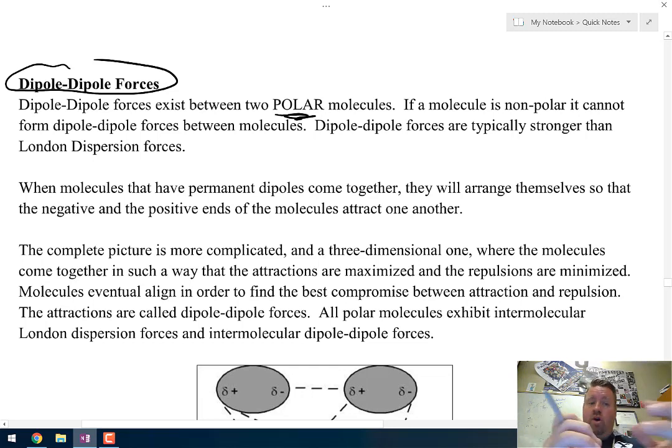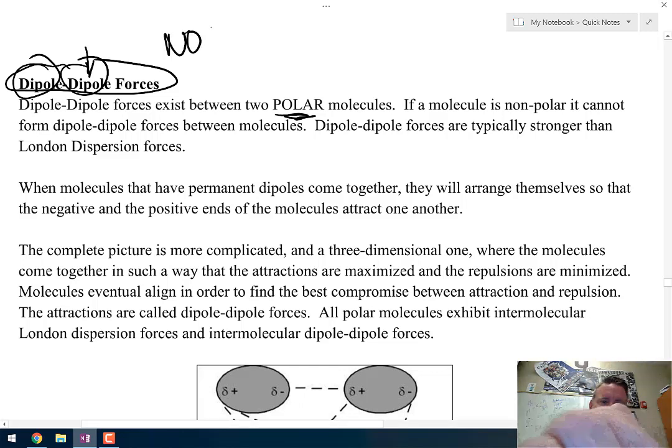Remember, if something has a dipole moment, it means it's polar. So really, it's that attraction between one polar molecule and another. It can be 2 of the same, but both of them have to be polar. So if something is nonpolar, the only type of intermolecular forces that exist are London dispersion forces.